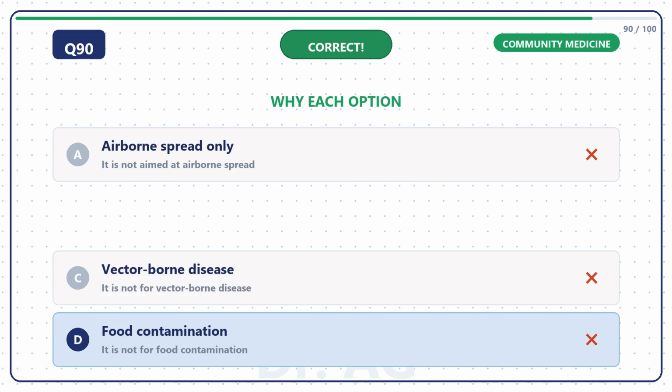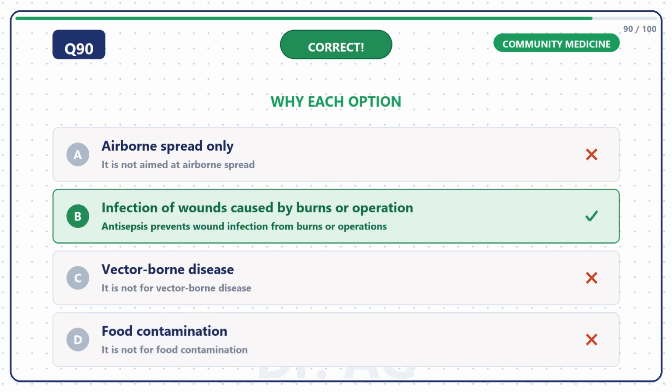It is not for food contamination. And the correct answer is infection of wounds caused by burns or operation. Antisepsis prevents wound infection from burns or operations. So, the right answer is option B. Infection of wounds caused by burns or operation.